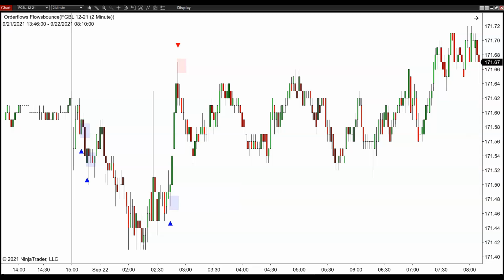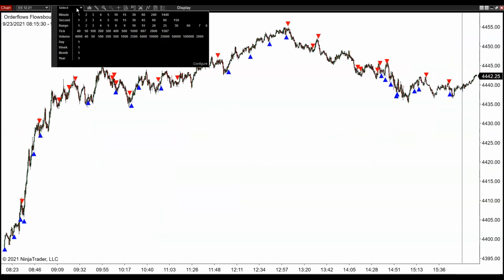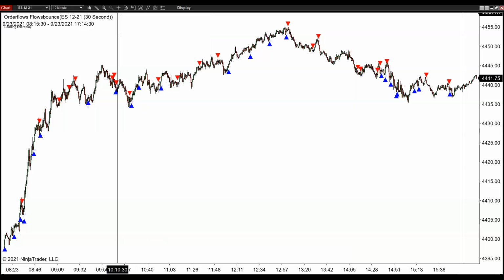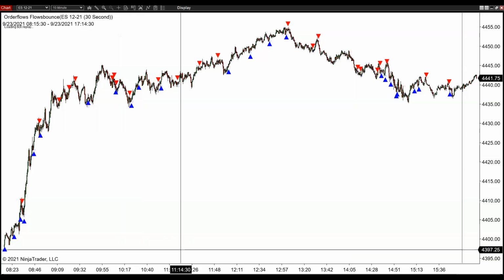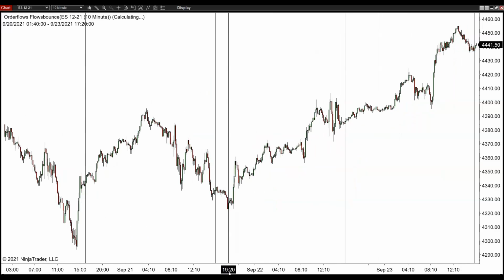Let's see, can I see ES 10 minutes? Well, yeah, I can show you a 10-minute chart, but after 10 minutes, you're really discounting the value of the order flow that you saw even 5 minutes prior. Honestly, I think there are other ways to use order flow on a 10-minute chart rather than this tool.